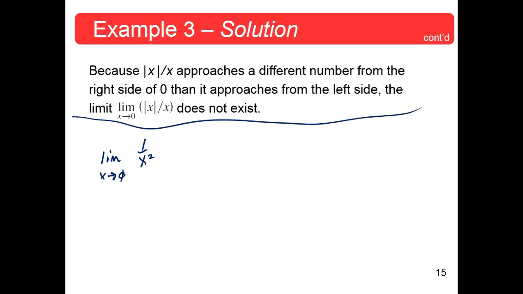As x approaches 0, this is going to 0 very quickly, and 1 over 0 is undefined. Very large number, extremely fast, positive, and from the right, same deal, because you're squaring that. So this does not exist.